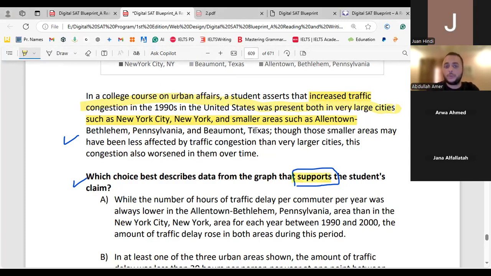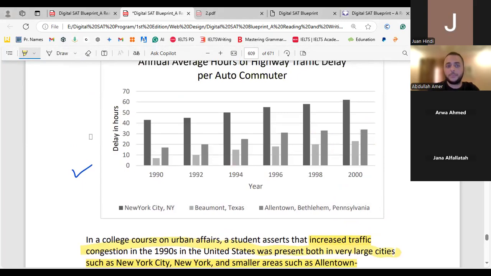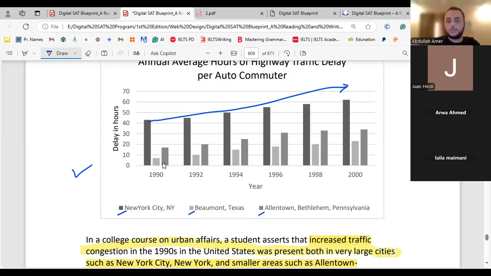So now I want something that supports the claim. I know the claim and I want to support this claim. So in 1990, 1992, 1994, this is New York, Texas, Allentown. In New York, yes, the trend is going up. In Beaumont, Texas, also an upward trend. And in Allentown, very similar. So it's an upward trend in all cities, right?